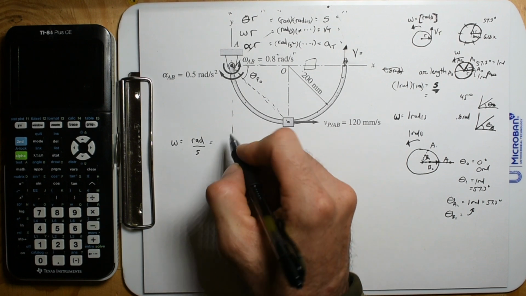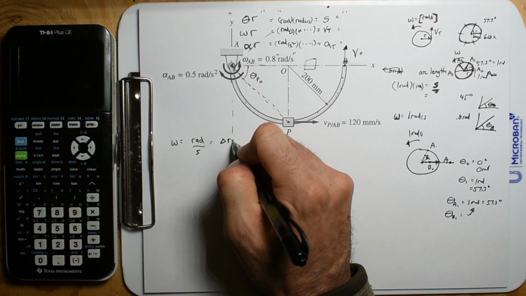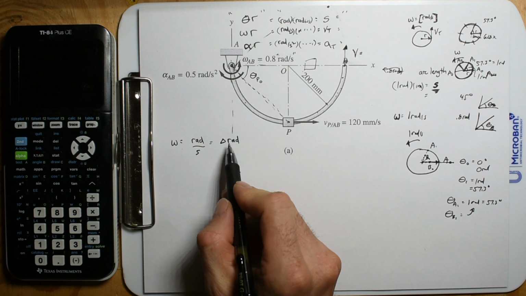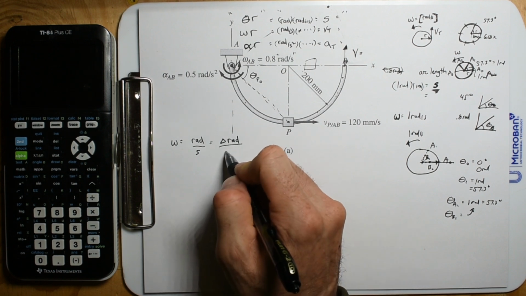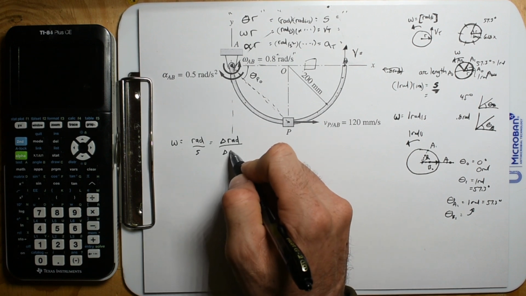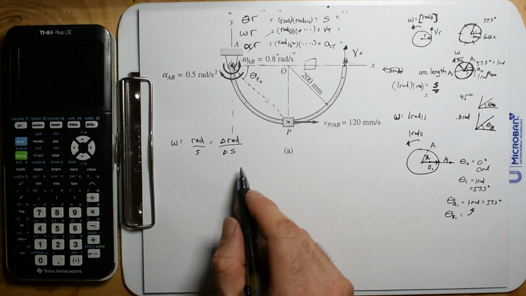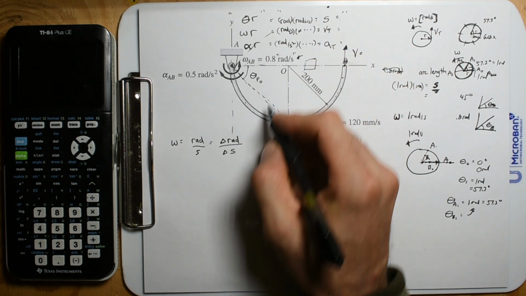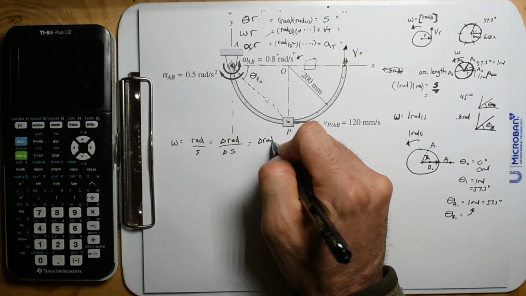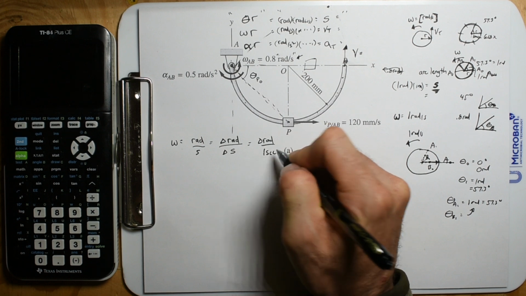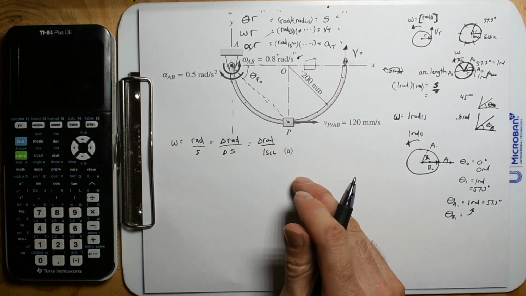It's the change in the angle per change in seconds, but because we have a unit second, it's literally the change in radians per 1 second. That's the units on this.